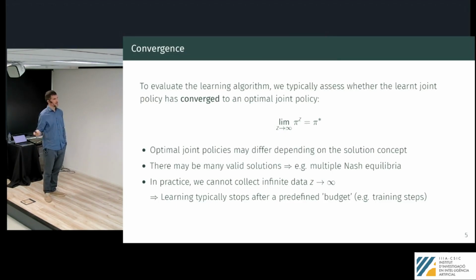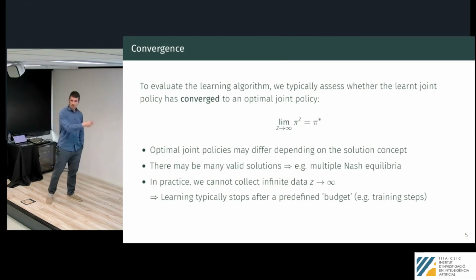You increase z as you keep updating your joint policies. And we say that in the limit, this should be equal to a solution, which is joint policy pi star, which is, for example, a Nash equilibrium, if that is the solution concept that we want to learn. Most often in papers, especially in the early days, and also in game theory and learning dynamics, this is the type of convergence that you would see.